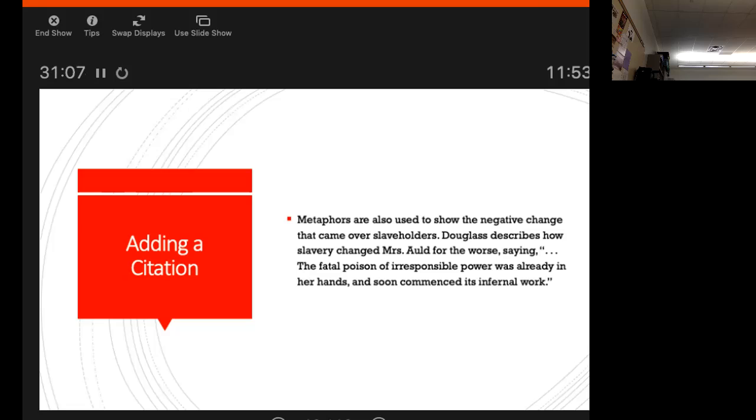If you continue to cite from Douglass, you don't need to cite his last name. You've already said it once and it's very clear that this is coming from Douglass's book. So we need a page number. We've got a page number, a period, and a quotation mark. In which order am I putting these to make it correct? Katie? Quotation, then number. There we go.